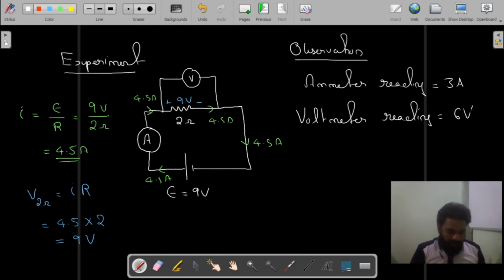Now we need to understand that one important person is hiding in this circuit. That person has taken this 3 volt. And who is that? That is nothing but internal resistance.